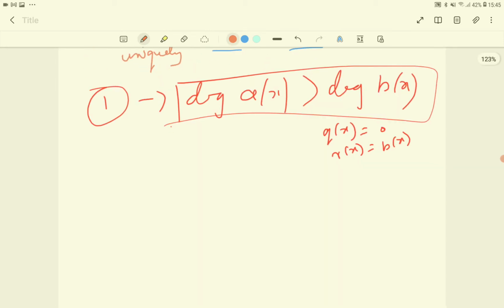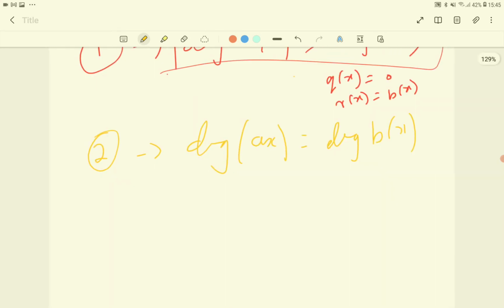Let's go to the second case. The degree of a of x is equal to the degree of b of x.